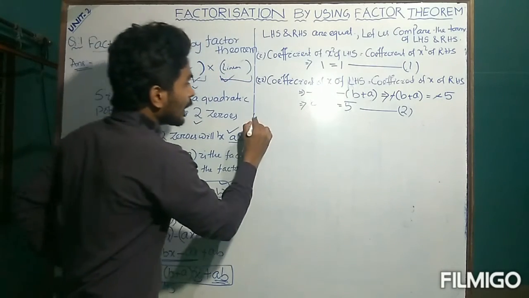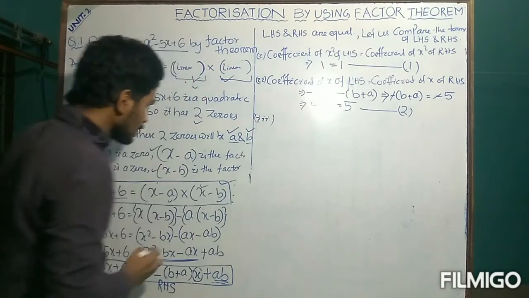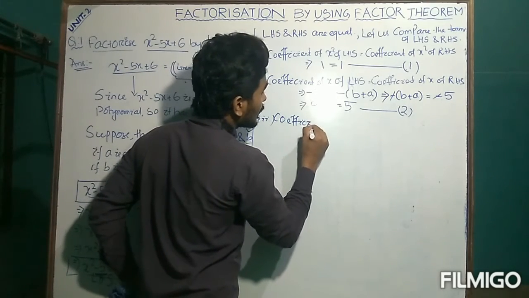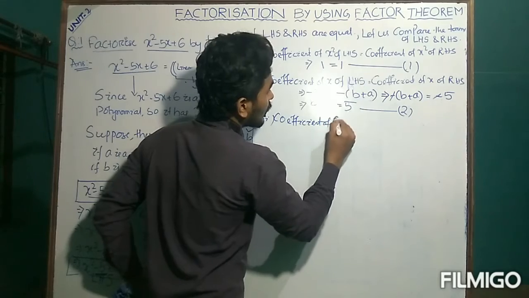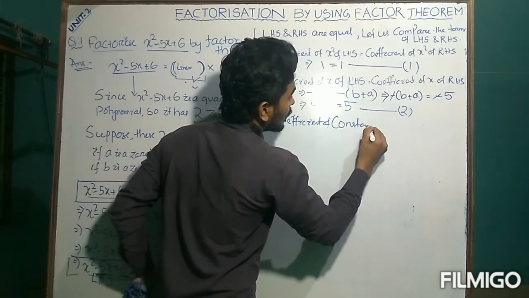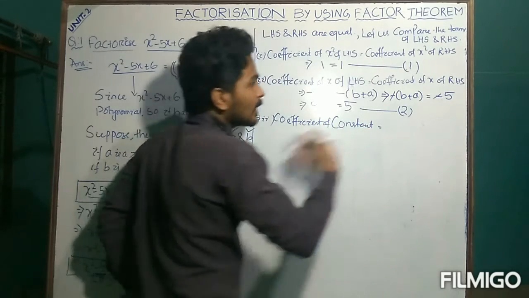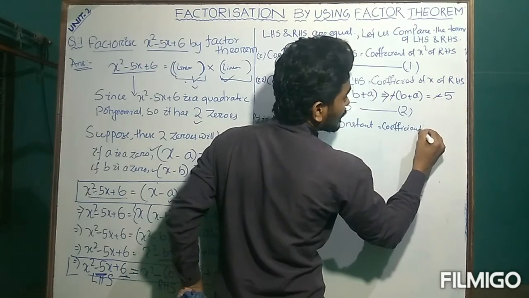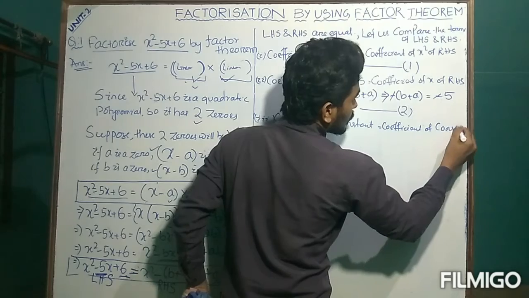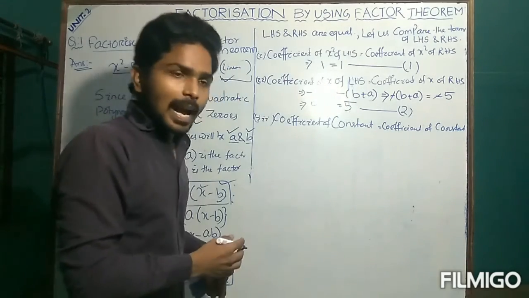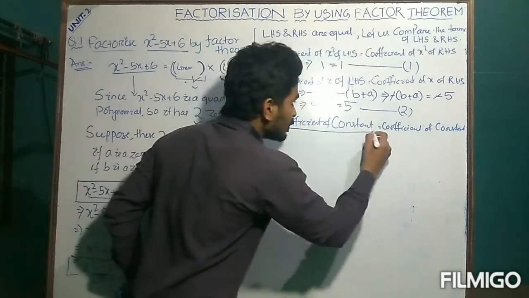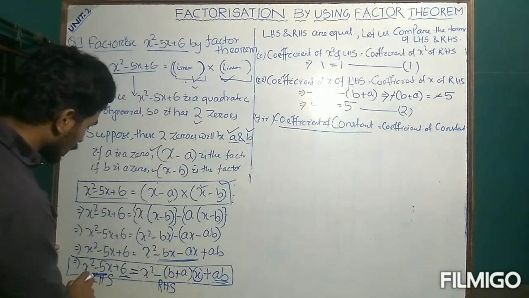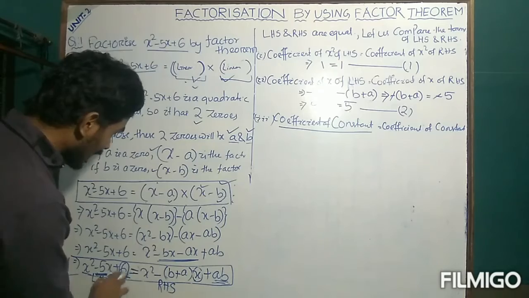Now we will compare the constant term. So I am writing the constant of LHS with the constant of RHS. Now you see the constant of LHS. Since it has 3 terms, the x square term has gone, x has gone, so the constant term is 6.